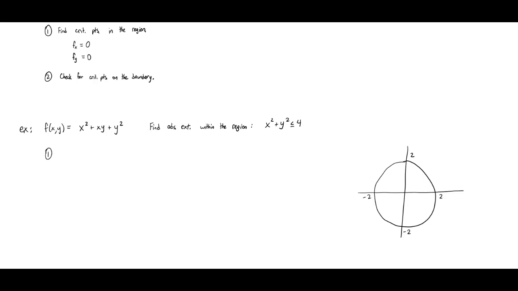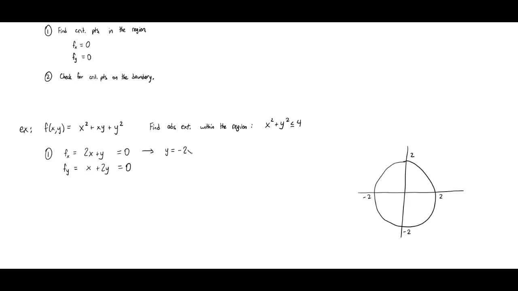So the first thing I'm going to do is just find the critical points. So I'm going to get the first order partial derivatives. Fx is 2x plus y. Fy would be x plus 2y, all right? So I want to set my first partials equal to 0 to find the critical points. Let's say in this equation, I'm going to solve for y.